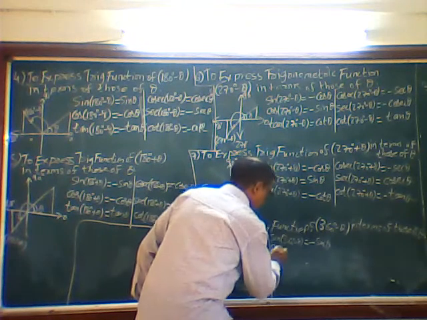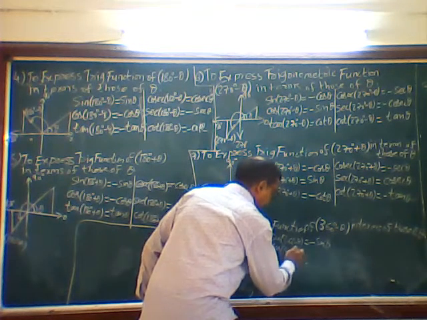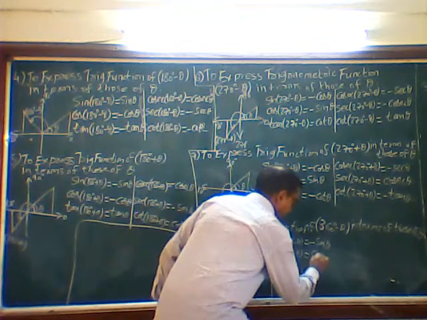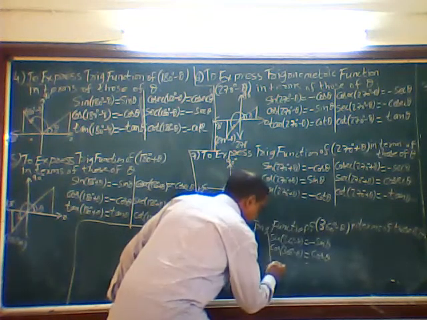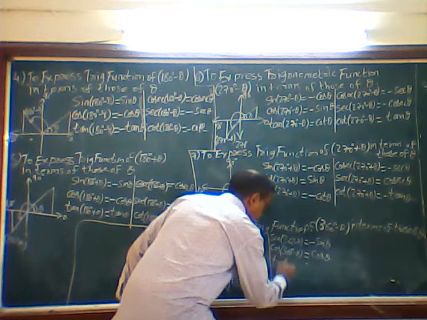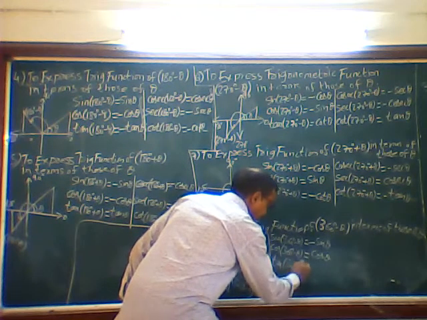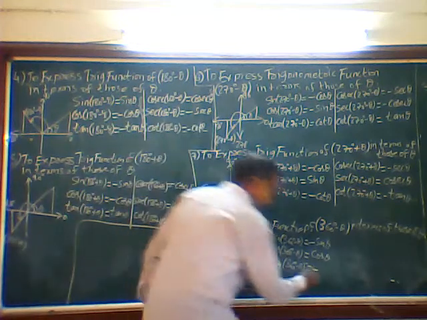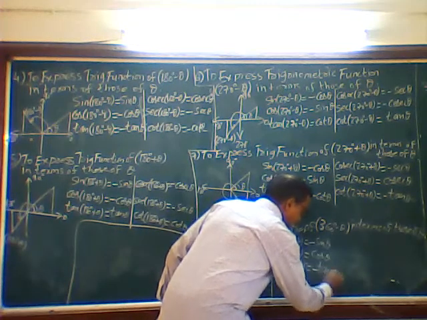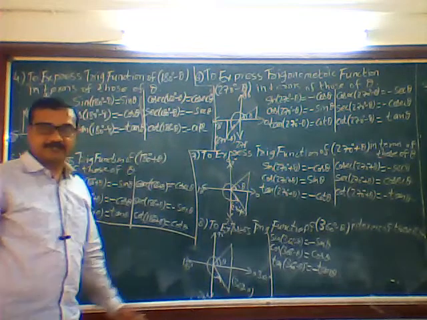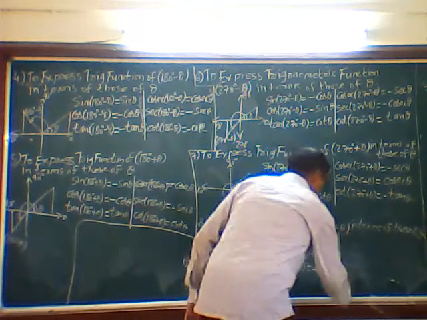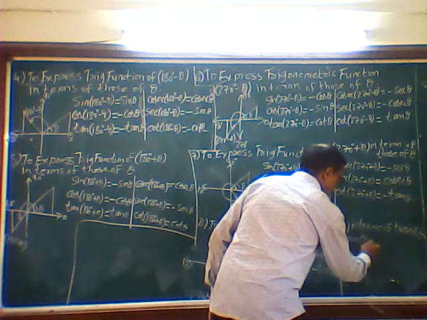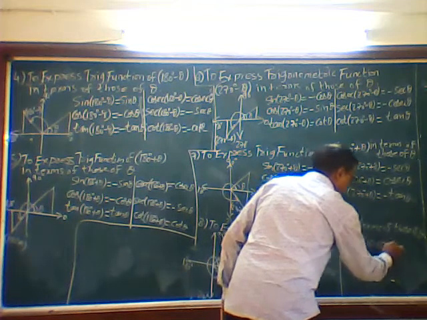Next, cos of 360 minus theta. It is the fourth quadrant, positive, cos theta. Next, tan of 360 minus theta. It is negative in the fourth quadrant, and since the angle is lying on the x-axis, it will remain tan only. Next, cosec of 360 minus theta: fourth quadrant negative.